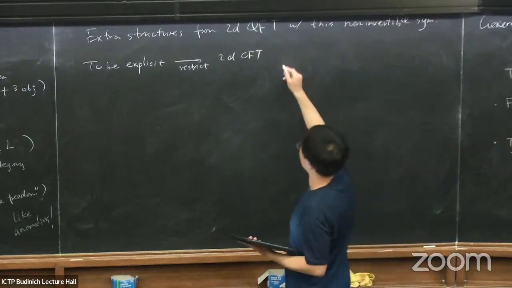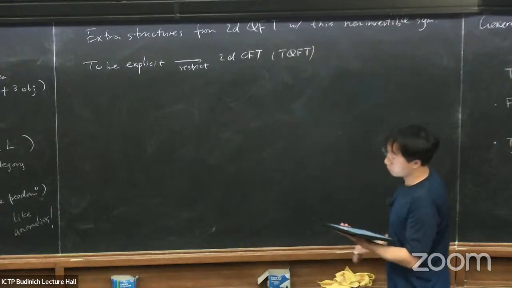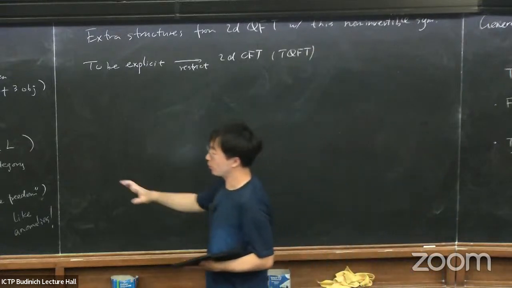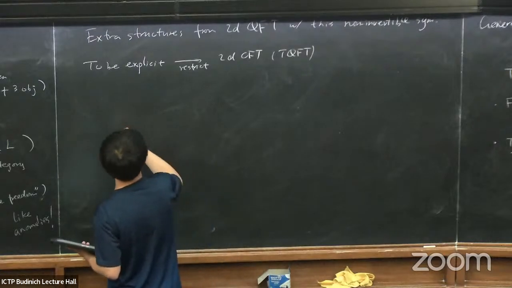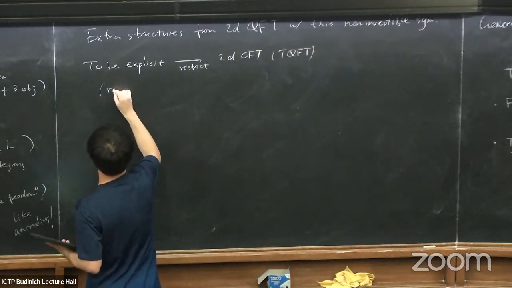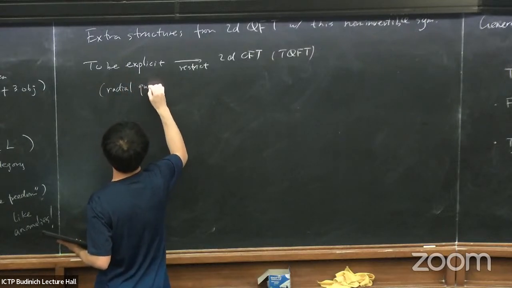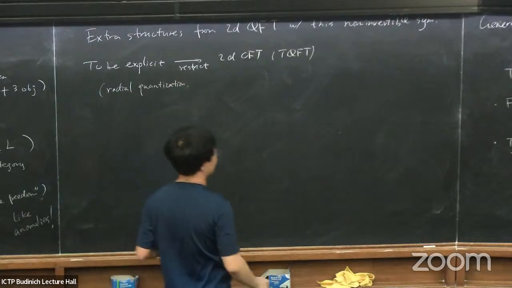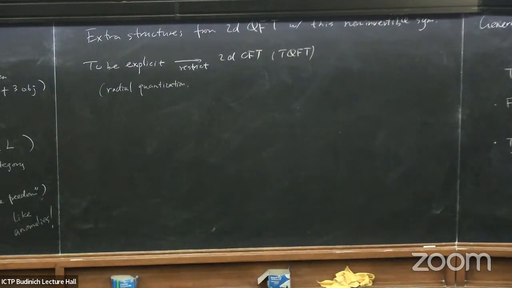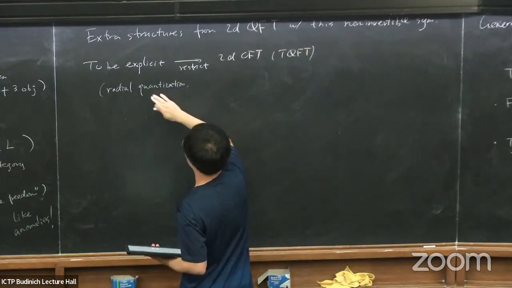The CFT, or TQFT, which is a special case of a CFT. But the notion of a 2D CFT will help me to make some explicit statements, and this is convenient because we'll be able to use radial quantization. As we'll see shortly, it will help me to specify what these operators are in radial quantization.